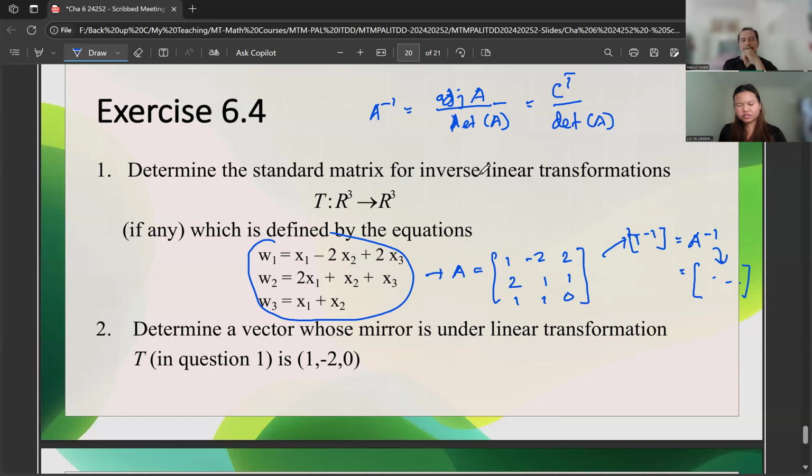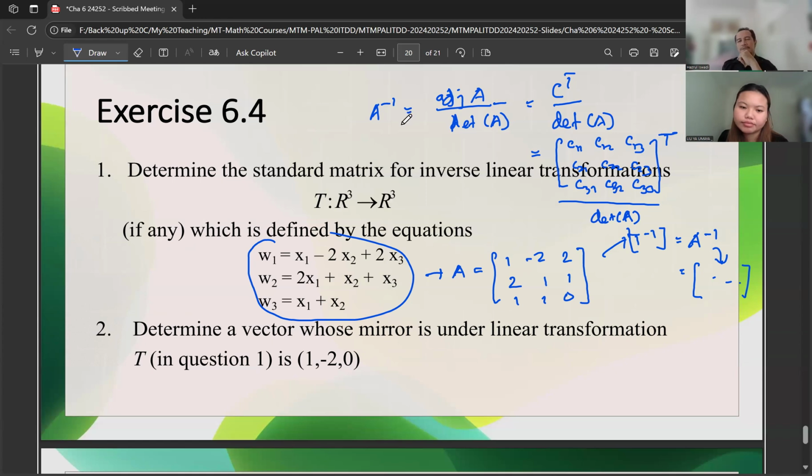It is the cofactor matrix of A. So you must find C11, C12, C13, C21, C22, C23, C31, C32, and C33, and transpose it. Then divide it by the determinant of A. So this is the formulation of how to get the inverse of A.